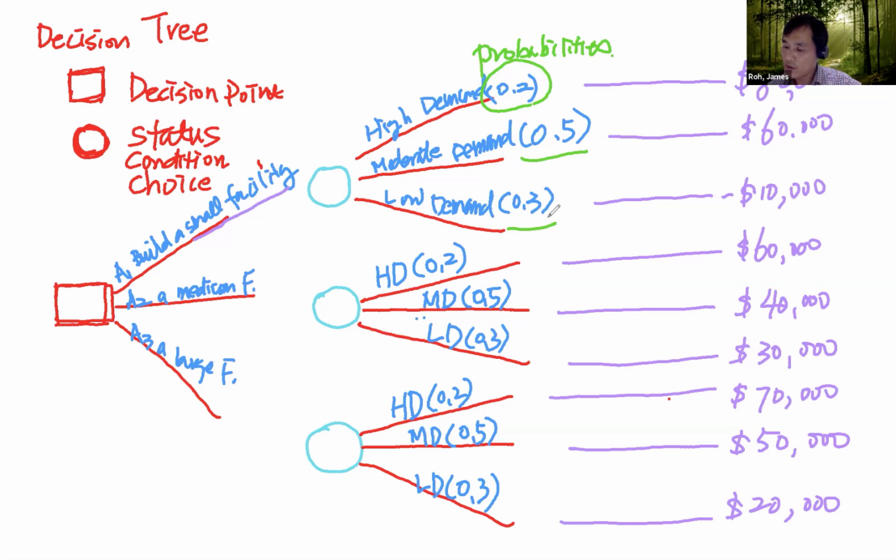So now, if you look for EMV, here is EMV, you are doing the same thing, right? EMV for this point will be 0.2 times 80,000, and then 0.5 times 60,000 plus 0.3 times negative 10,000. And that is going to produce the thing that I did for you. So EMV in this case has to be $43,000 over here.